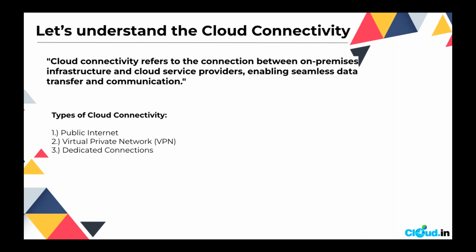And now comes the dedicated connections. A dedicated connection offers a private high-bandwidth connection between the on-premise infrastructure and cloud providers, AWS or any other cloud provider. These connections bypass the public internet, providing enhanced performance, low latency, and increased security.